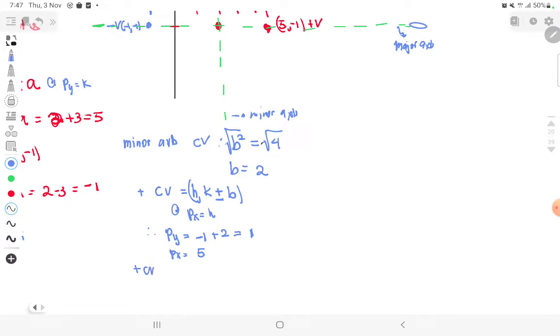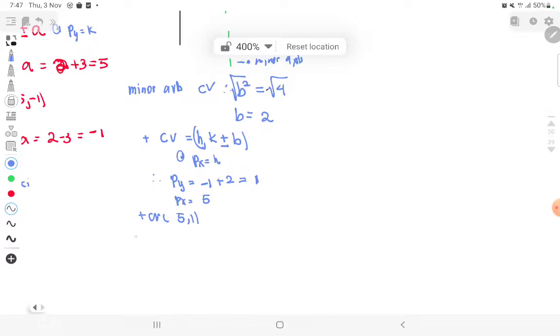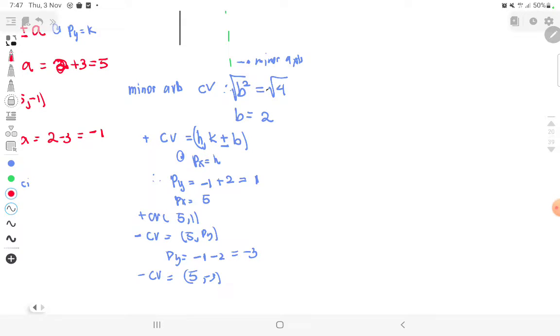So therefore our positive CV will be equal to 5, 1, and for our negative CV, we have py equal to -1 minus our b, so -2, which is equal to -3. So our negative CV will be equal to 5, -3.